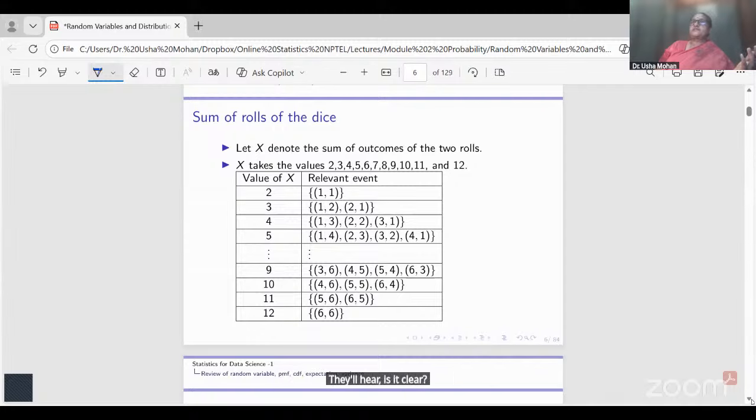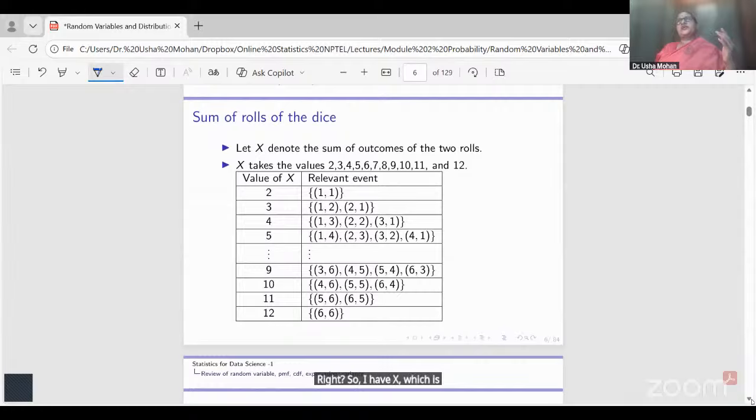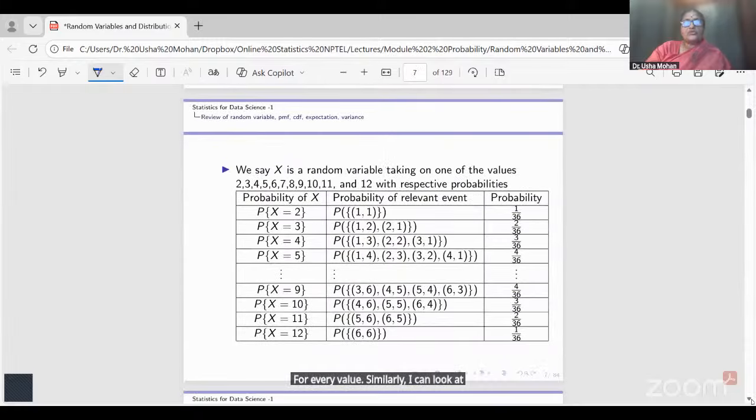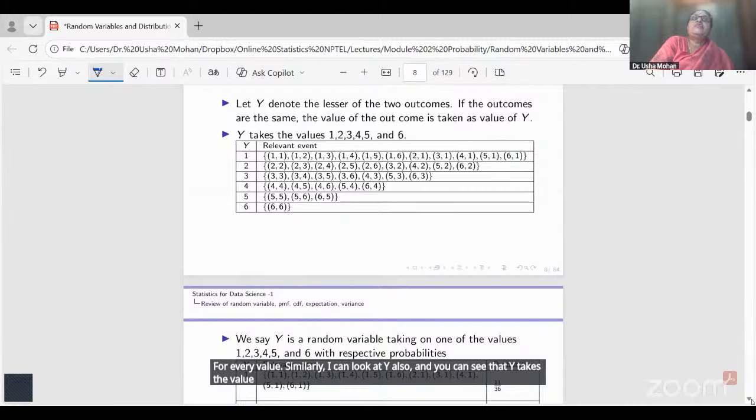Yes, ma'am. Right? So I have x, which is a random variable taking the values 2 to 12, and I'm mapping the relevant event for every value. Similarly, I can look at y also, and you can see that y takes the value 1, 2, 3, 4, 5, 6.